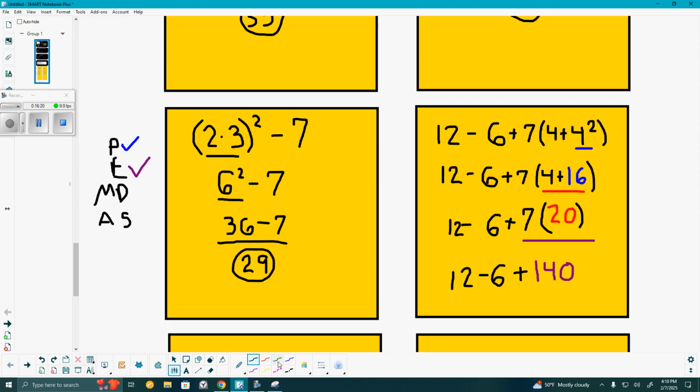My next step is add, subtract. I go from left to right. 12 minus 6 is 6, plus 140. 6 plus 140 will be 146.